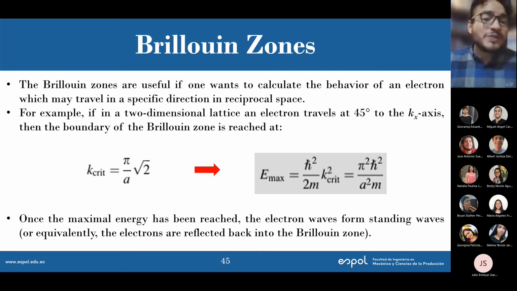And if we want to be specific, we can actually say that the Brillouin zones are useful because we can calculate the behavior of an electron. So basically where the electron is moving in any direction in that reciprocal space.